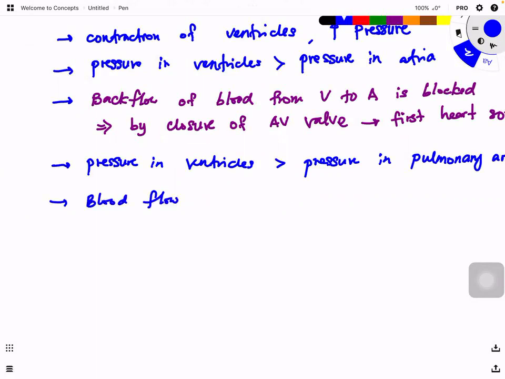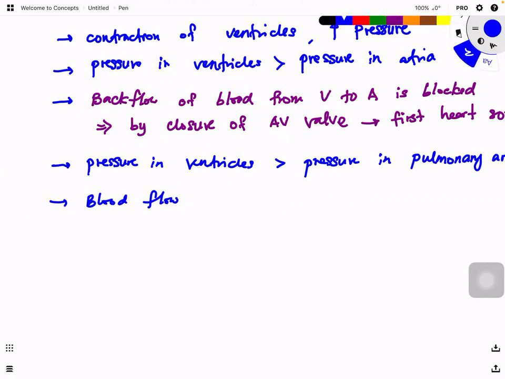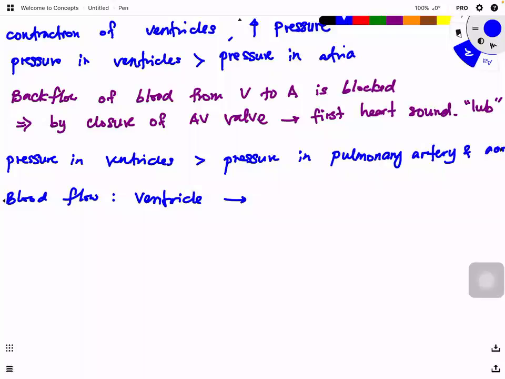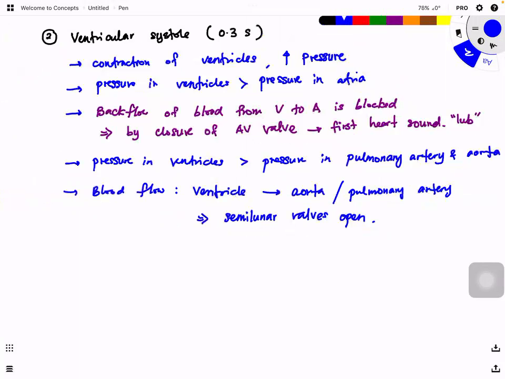The blood flows from the ventricle into the aorta or pulmonary artery. In order for the blood to move from the ventricle into the aorta and pulmonary artery, the semilunar valve opens. So this is the ventricular systole, the events that take place.